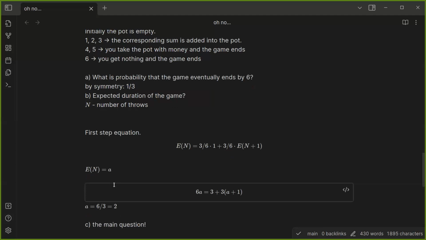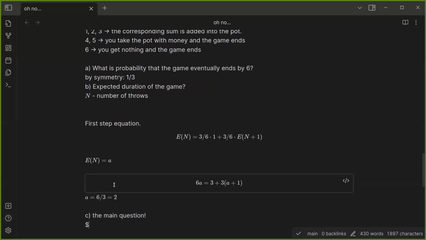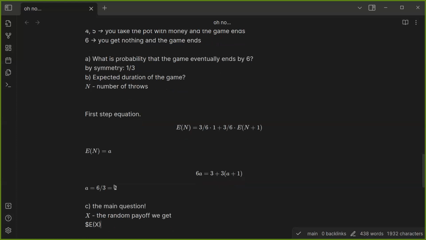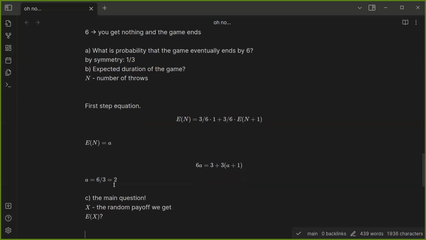Let's denote by x the random payoff we get in this game. And the question is, what is the expected value of x?